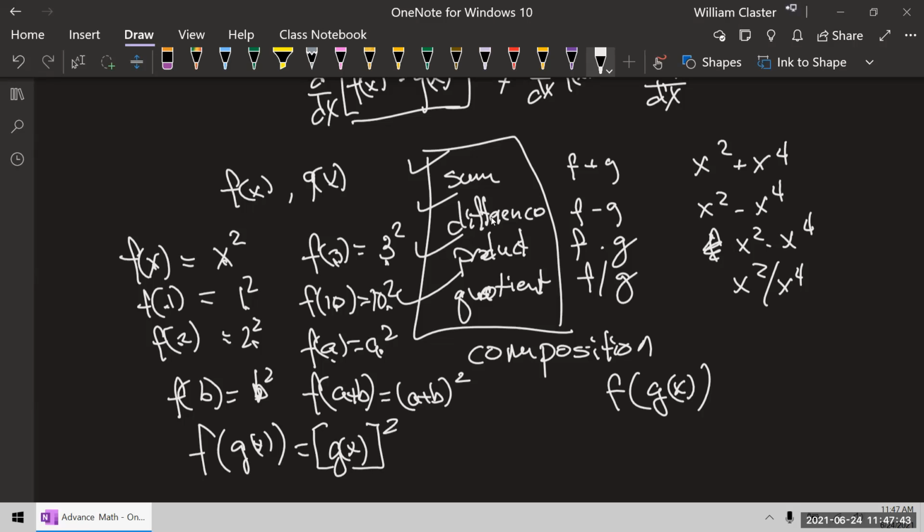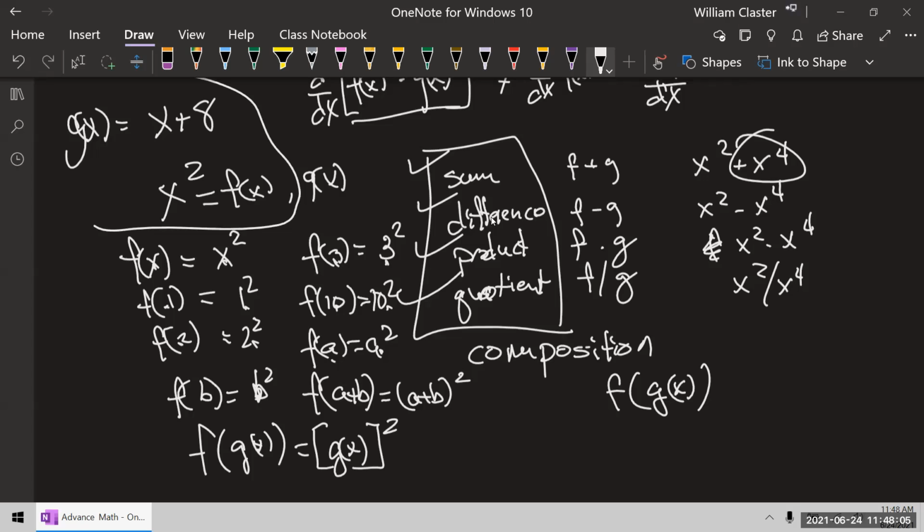Okay, now let's suppose we had a different g. I think before we said g was x to the fourth, but let's take a different g just to make this example clearer. Let's suppose g equals x plus 8. Okay, so what does this mean? If I want to know, here's f, f is x squared, and there's g. So I want to know f of g of x.